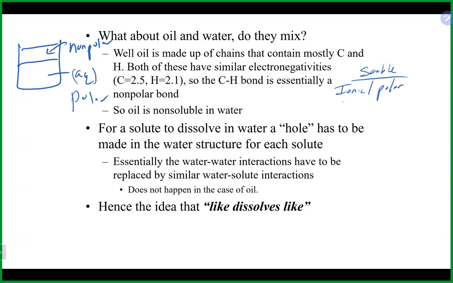If you take polar and polar together, you should also be good to go. And the one that sometimes people miss is that nonpolar and nonpolar things will also be soluble in each other, because they're both using the weakest type of interaction, but they're both using the same type: dispersion forces. So these nonpolar and nonpolar things will work well together.